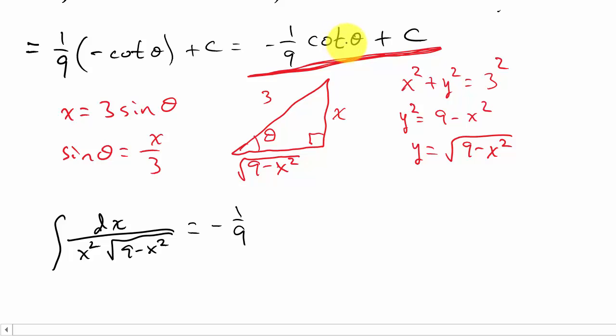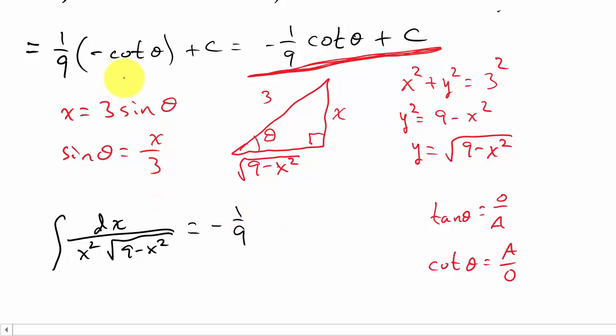Remember that tangent theta is opposite over adjacent, so cotangent theta is adjacent over opposite.